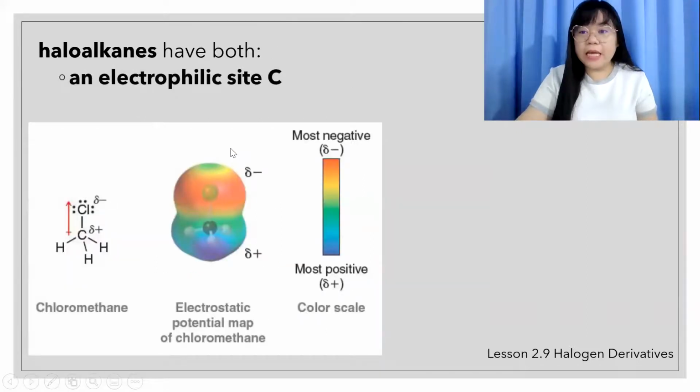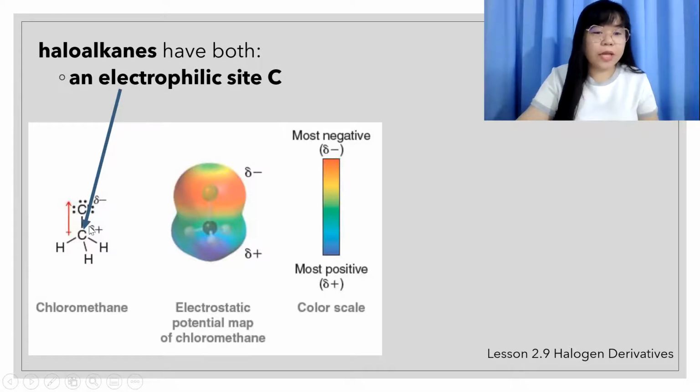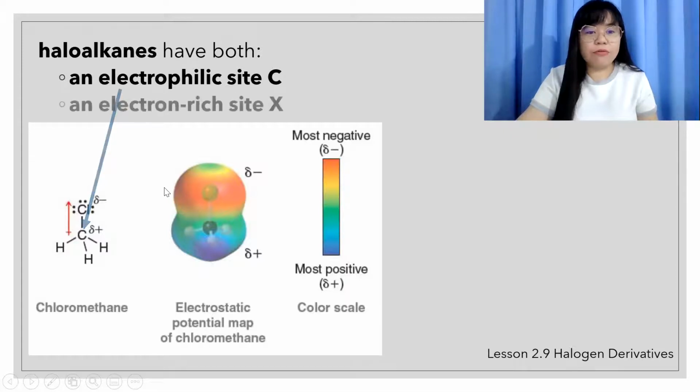So haloalkanes have an electrophilic site, usually found at carbon, because in the carbon-halogen bond, the electron density is mostly concentrated towards the more electronegative halogen part, leaving carbon partially positive, making it electrophilic.